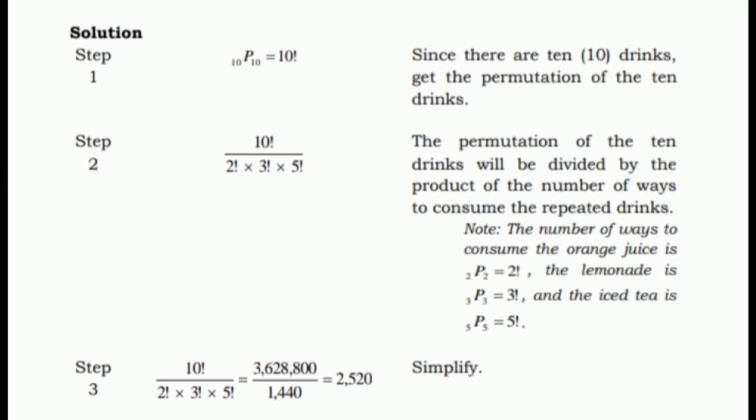The number of ways to consume the orange juice is 2P2 equals 2 factorial. The lemonade is 3P3 equals 3 factorial, and the iced tea is 5P5 equals 5 factorial. Therefore, there are 2,520 possible ways to consume the drinks. Great! You are slowly getting the hang of this.